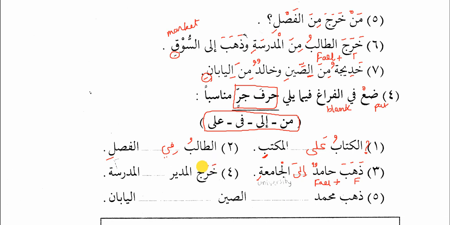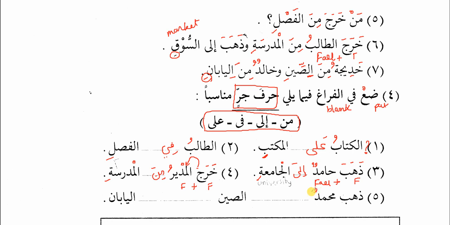Kharaja, fi'l plus fa'il, al-mudiru marfu'. Kharaja al-mudiru. Where did he exit from? Minal madrasati. A fatha will be there because of the lam at-ta'rif, and kasra.